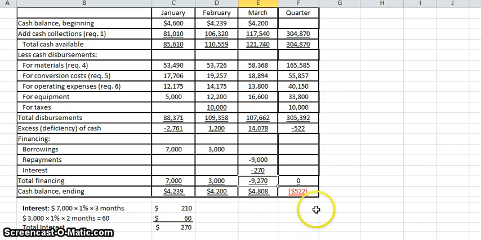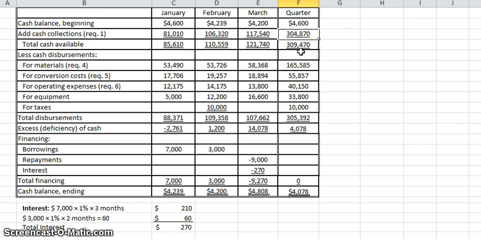Okay, now, looking at the quarter column, you want to be able to have it make sense as it stands alone. So the balance at the beginning of the quarter is not the sum of these three, but it is the $4,600, because the beginning of the quarter is January 1, and that was our cash balance on January 1.